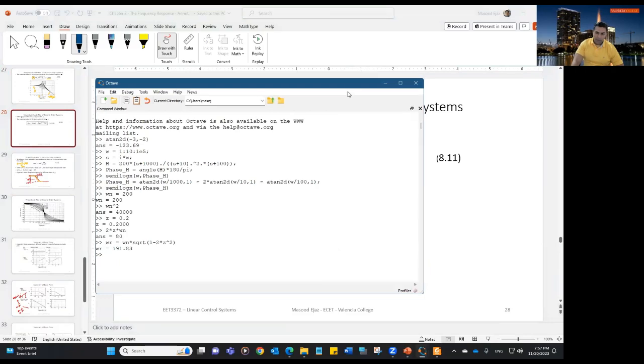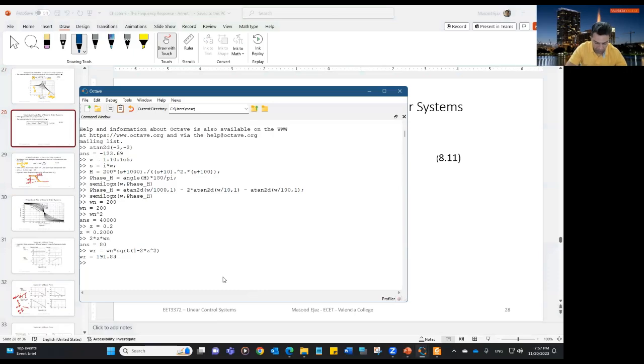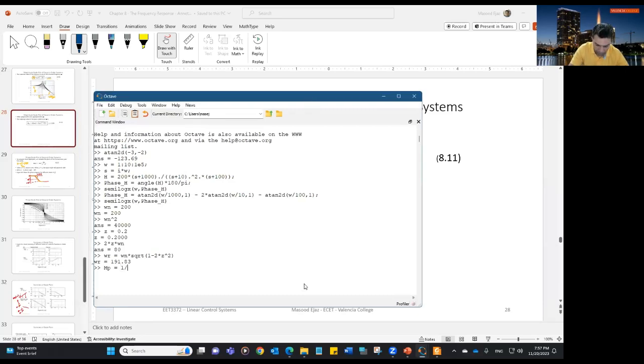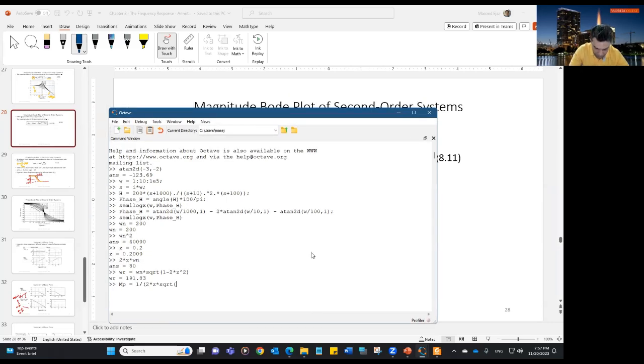All right, so the peak value is going to be 1 divided by 2 times zeta times square root of 1 minus zeta square.